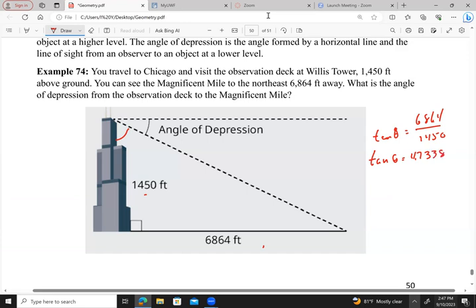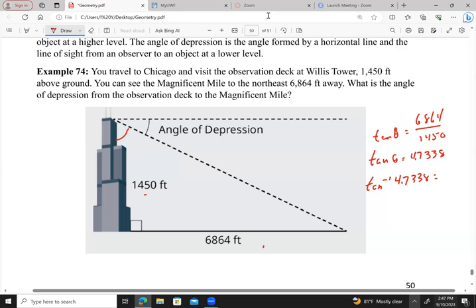So taking the inverse tangent of 4.7338, what do we get?